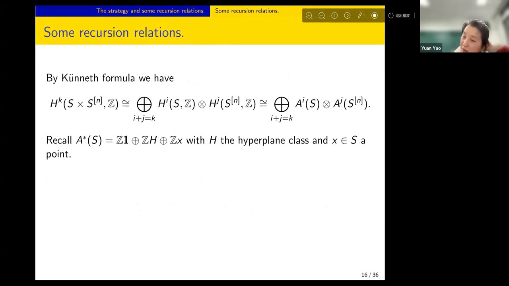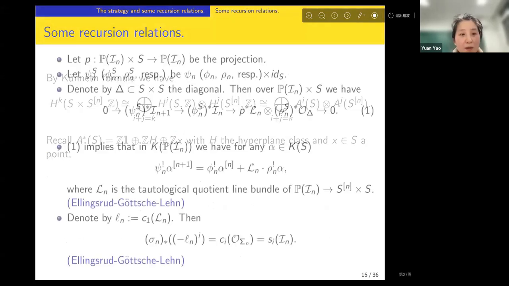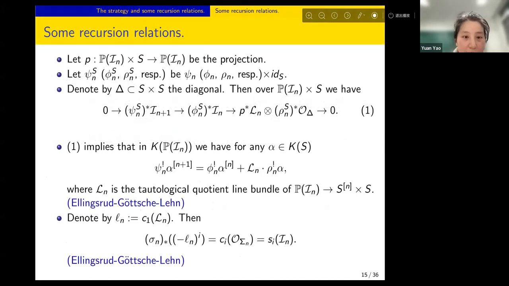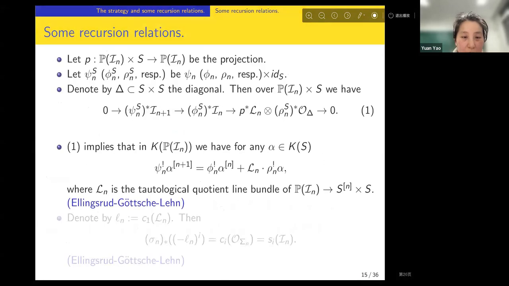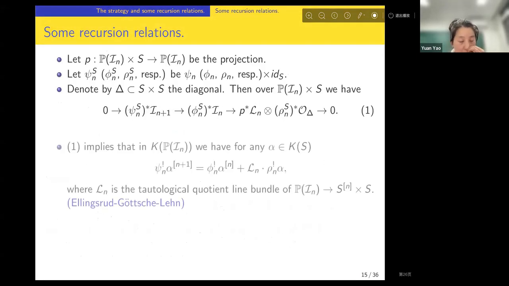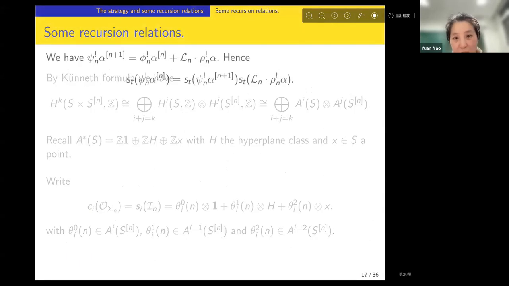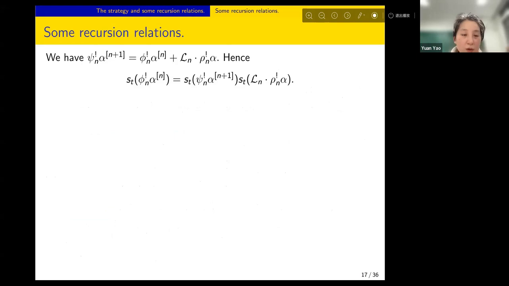As long as you have something of dimension 0, otherwise you will lose the information. My statement actually is not only for the top Chern class. For any other Chern class we also have some statement, but you do this F again and again, and then you get 0. But it won't give you enough information, since for the other Chern classes there are some higher dimensional things, and once you do this pullback and pushforward, you lose that information.